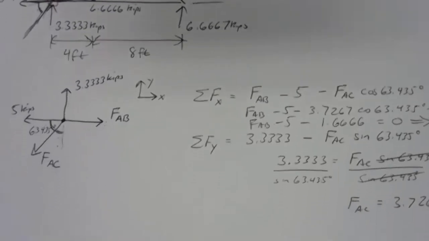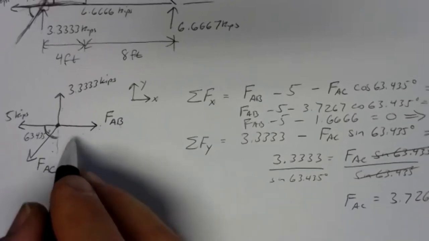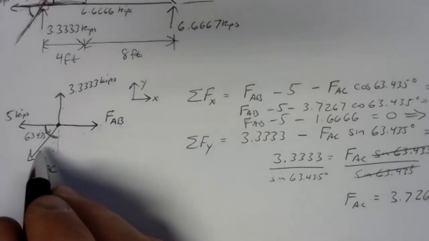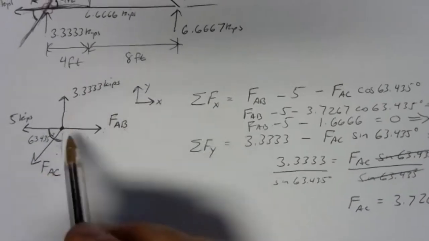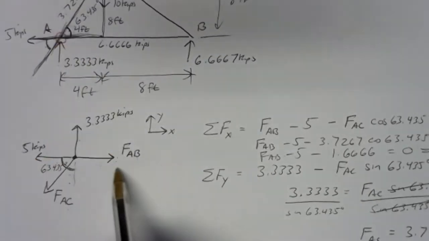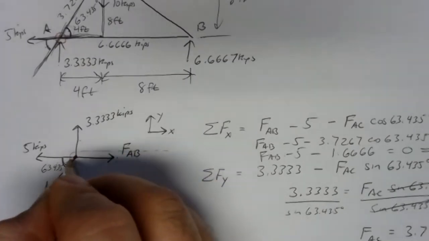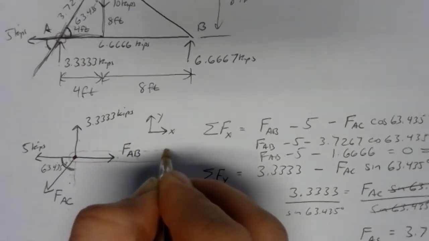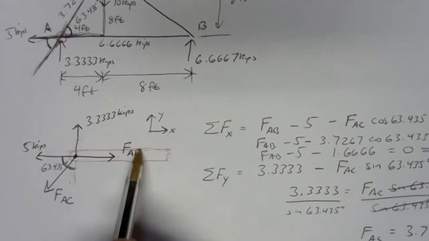The thing that I like to do at first to look at tension or compression is to sketch the members in, maybe even in a different color. But this is joint A. Joint A is right up here. Member AB is to the right. So member AB looks something like that. Broken line. That's part of member AB right there.